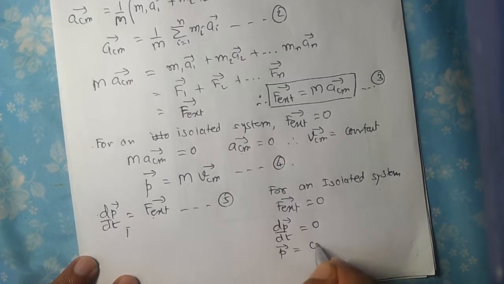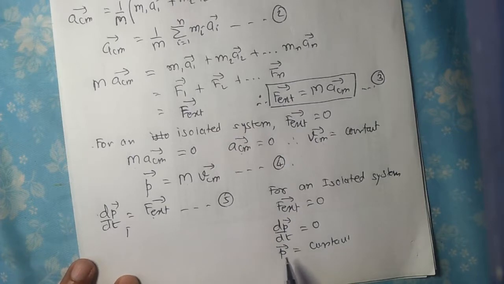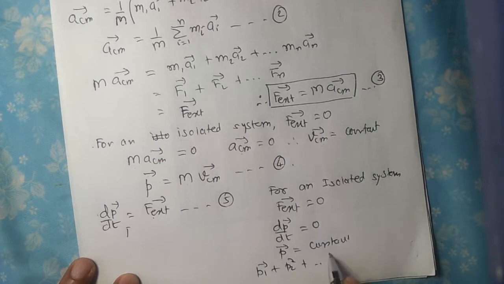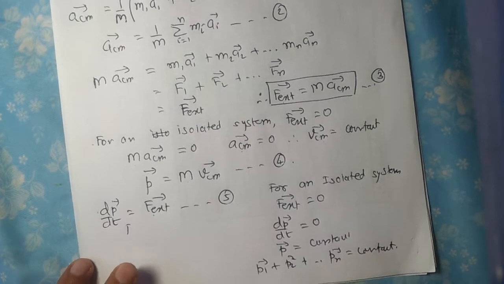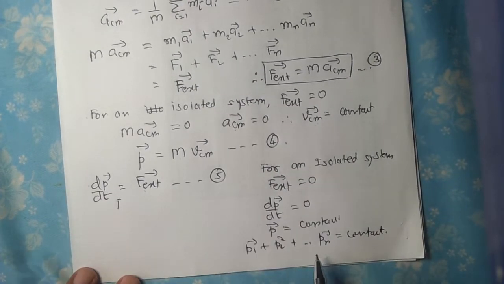That means P is equal to constant. The rate of change of momentum, the change in momentum is 0. That means momentum is constant. So P is equal to constant, and therefore I can write down P1 plus P2 plus Pn is equal to constant. This is the sum. All of them is constant.